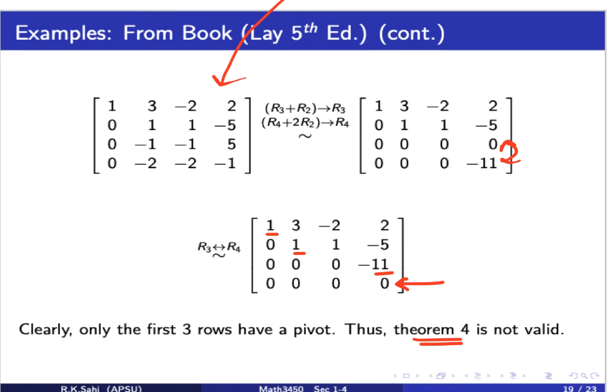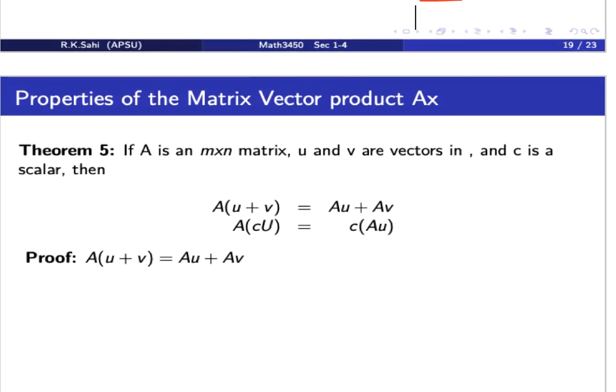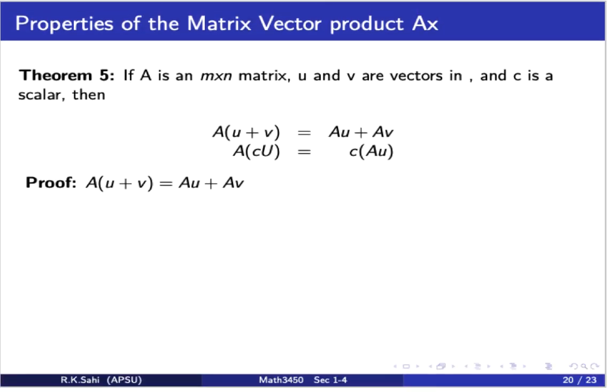Now let's look at some properties of the matrix vector product Ax. That's Theorem 5. And here's the first time we start writing proofs.